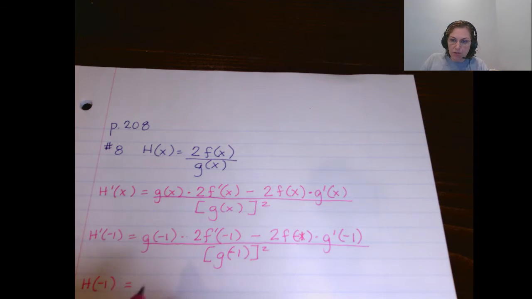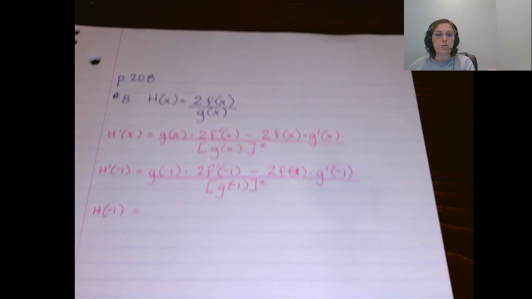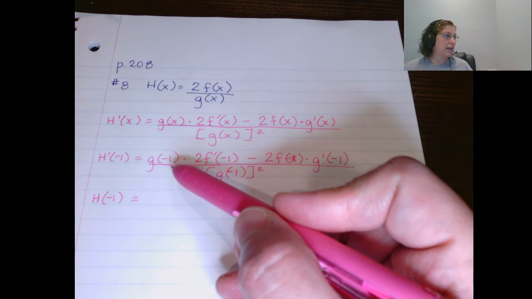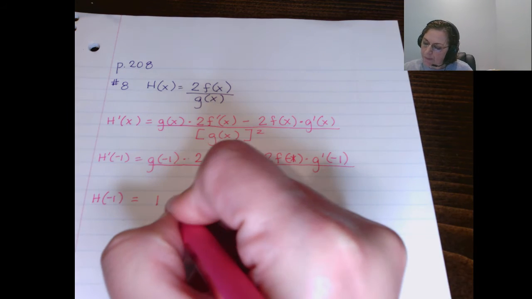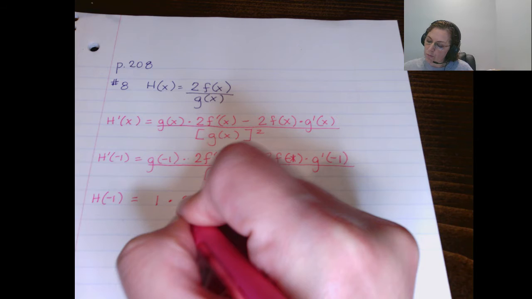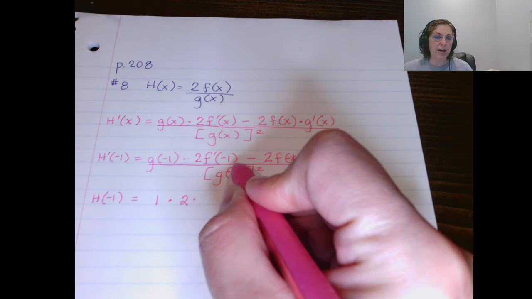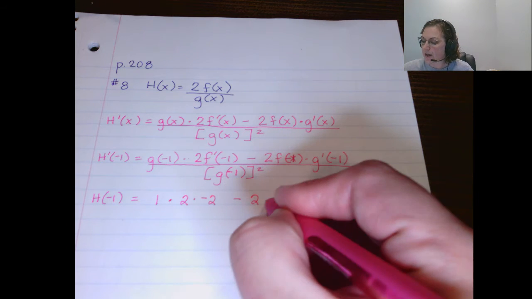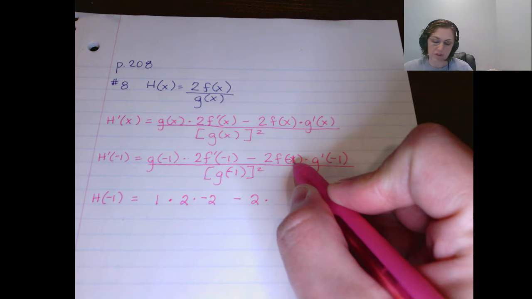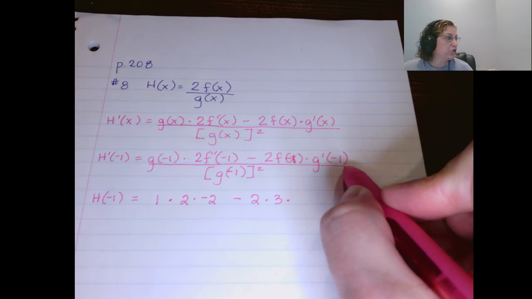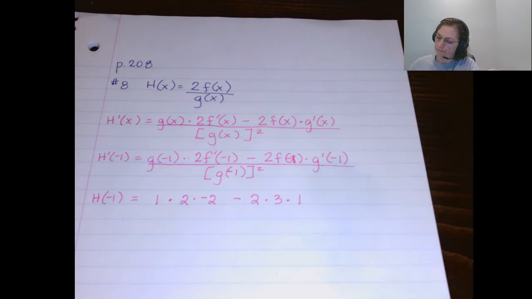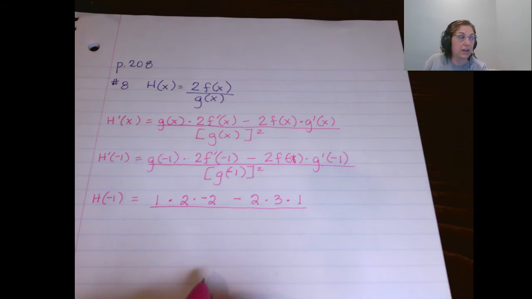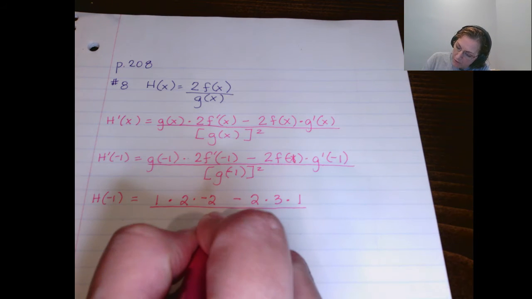And be real intentional with your calculations because you don't want to make an error just when you get to the numerical values. So g of -1, we're told in the chart, is 1, times 2 times f prime of -1, which is -2, minus 2 times f of -1, which is 3, times g prime of -1, which is 1, all over g of -1, which is 1, and we're squaring that.